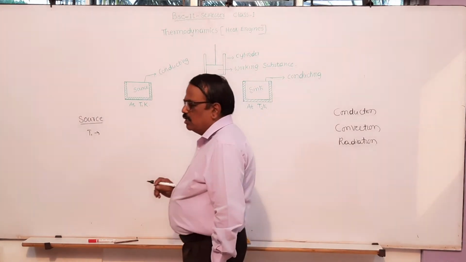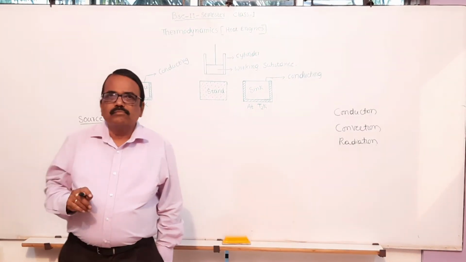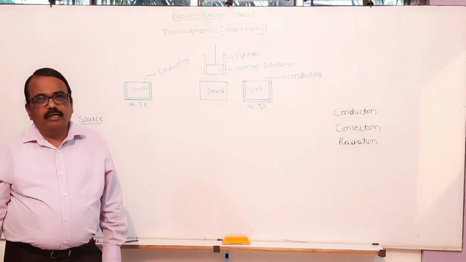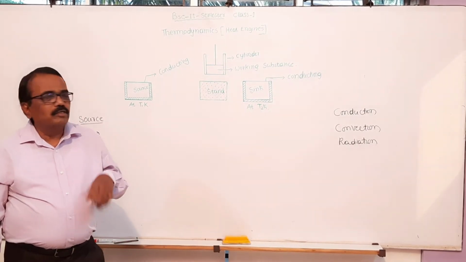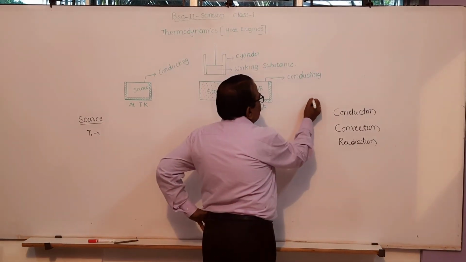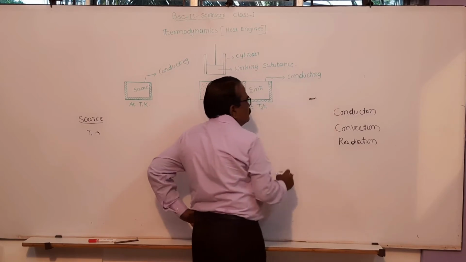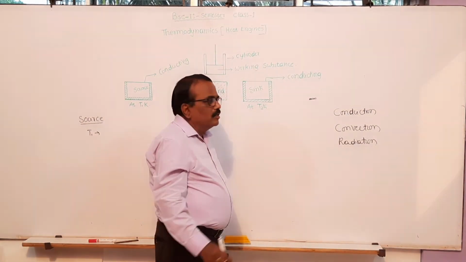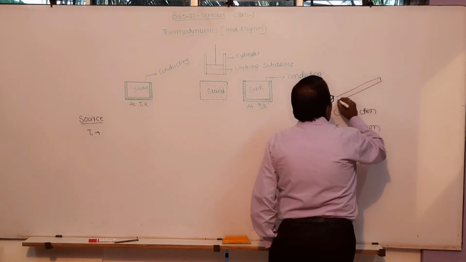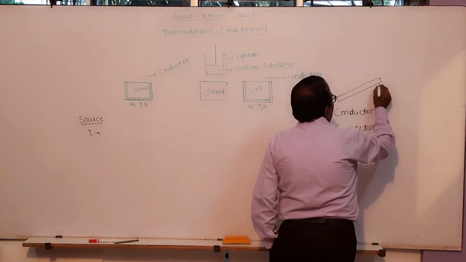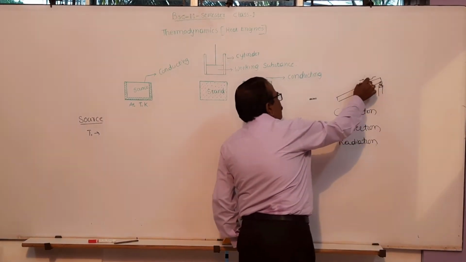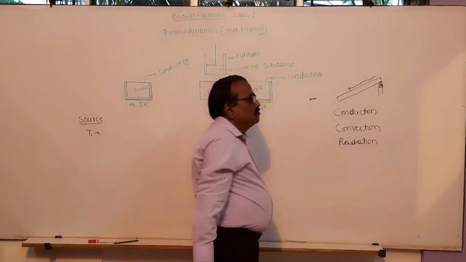Conduction is the transmission of heat inside a solid material, meaning heat is transferred from particle to particle. If you take a metal stick and keep one end in the fire, the heat is transmitted from this end to the other side. It is called conduction.